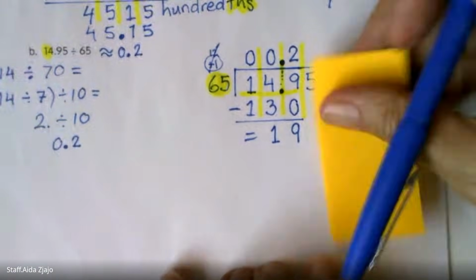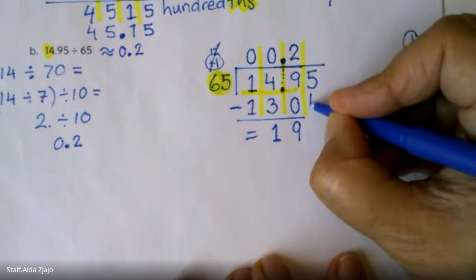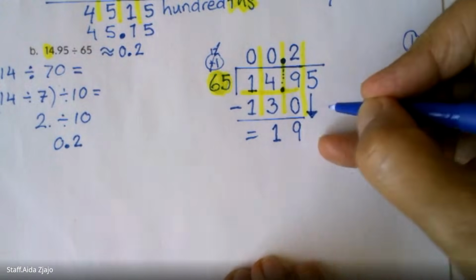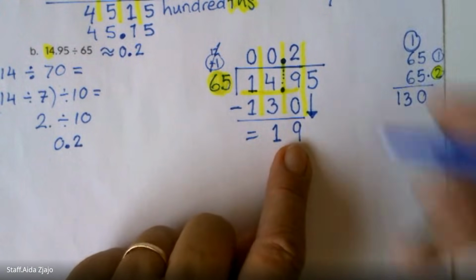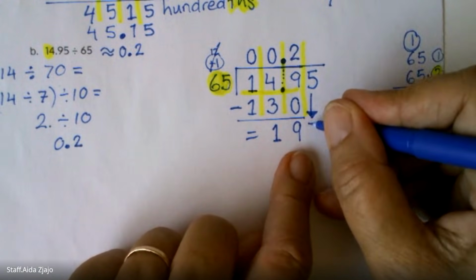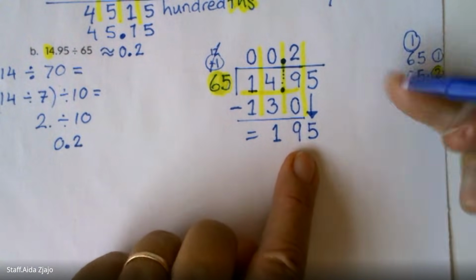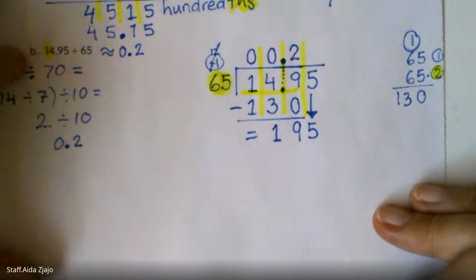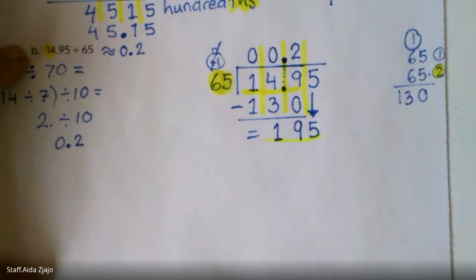Now we have one more number. That's 5. So what that really means is you're going to now change 1 whole, 9 tenths, and 5 hundredths into 195 hundredths. So now how many groups of 65 are in 195?